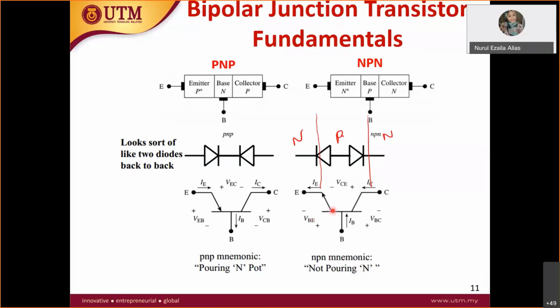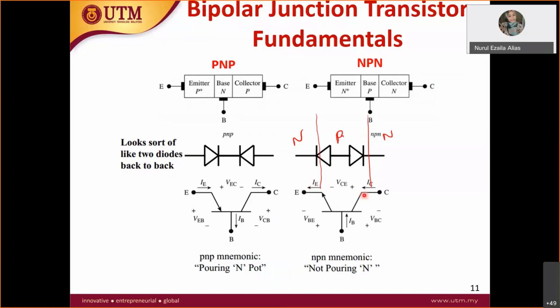So for the NPN, the current from the collector is IC, the collector current. The current at the base we call IB, the base current, and the current going out from the emitter is IE, which is the emitter current. Each junction also has a voltage drop.